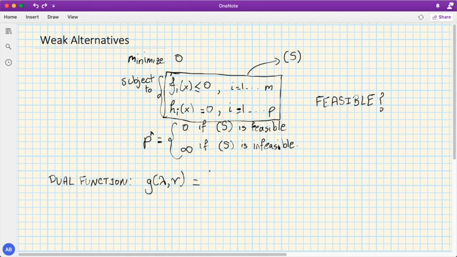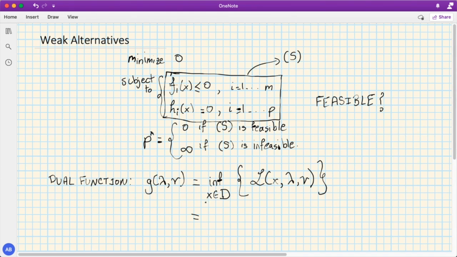Okay, so if I take a look at the dual function, right? Well, the dual function is the infimum of the Lagrangian function. So it's the infimum with respect to x over D, where D is the domain of the problem, of L(x, lambda, nu), right? So what is my L? It is f0, which is already 0, plus the sum over lambda i fi.